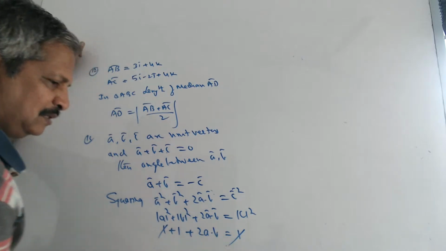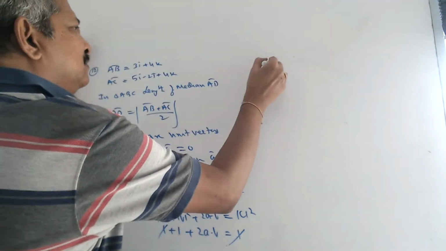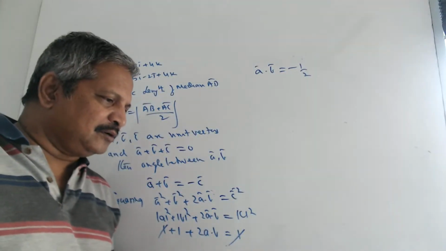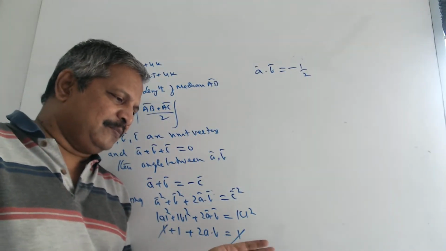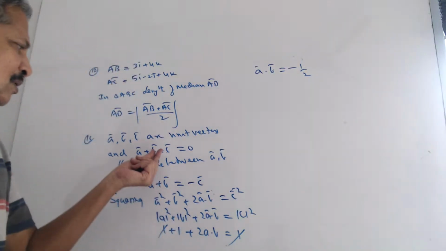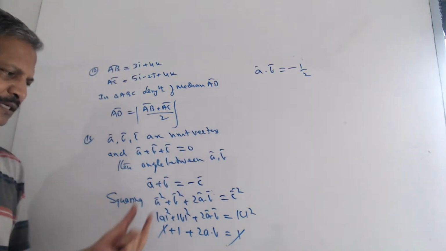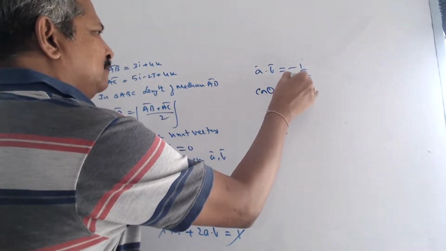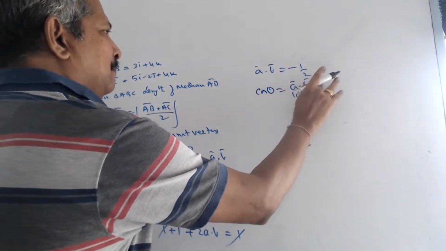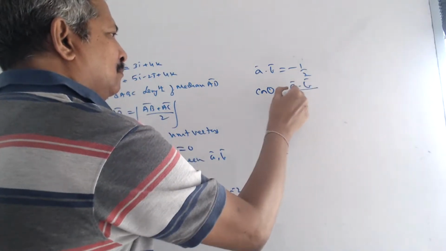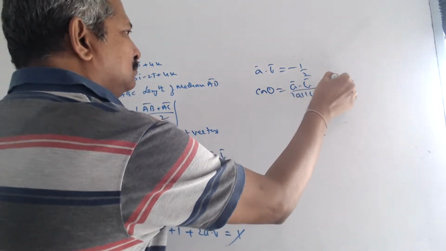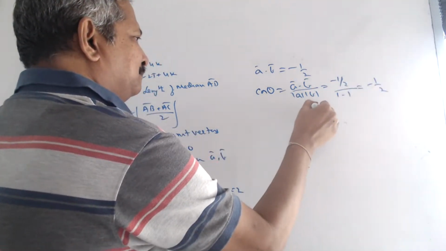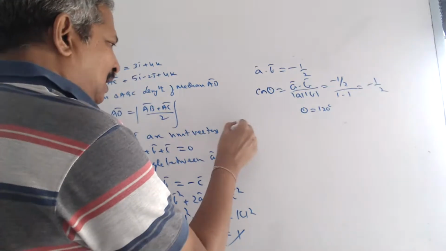So I am repeating again, A, B, C are unit vectors and A plus B plus C is 0, angle between A and B they asked. Because A and B are asked, I had taken C that side and squared. So I got A dot B is minus 1 by 2. But cos theta I know, so theta is 120. This is another problem.